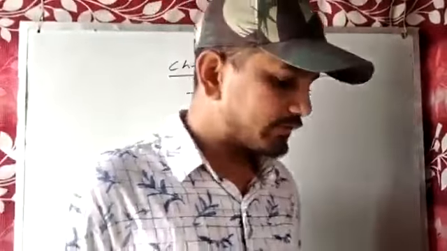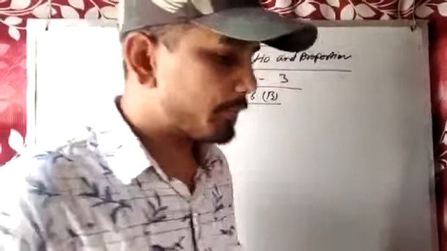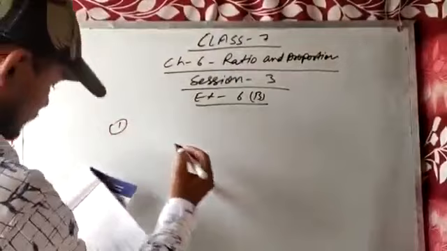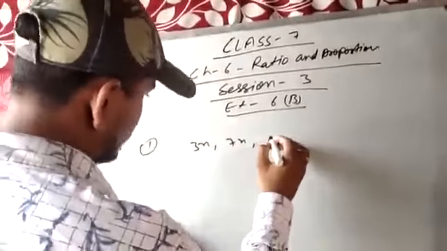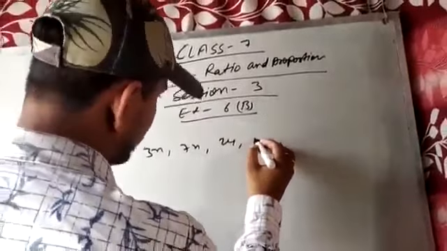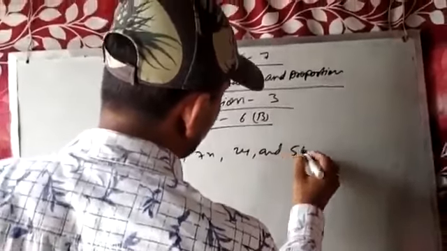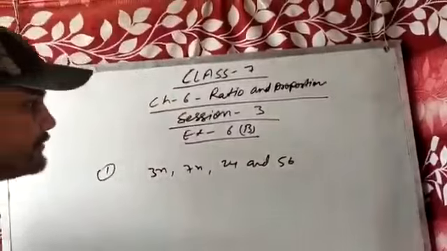First question, check whether the following quantities form a proportion or not. See, very easy. In the first question we have to check 3x, 7x, 24, and 56. You have to check whether this is in the form of a proportion or not.